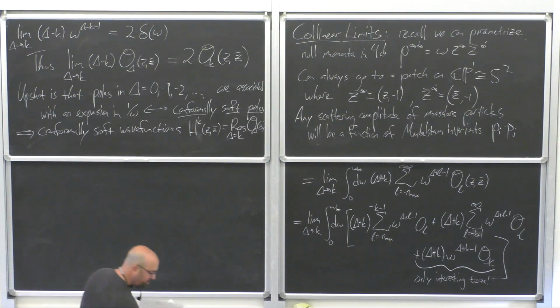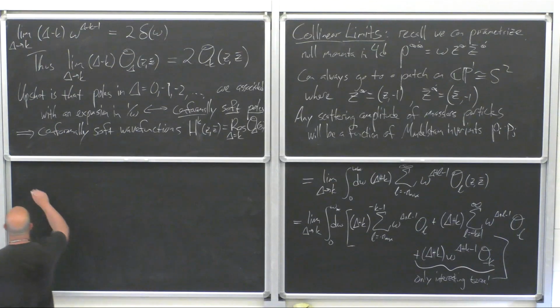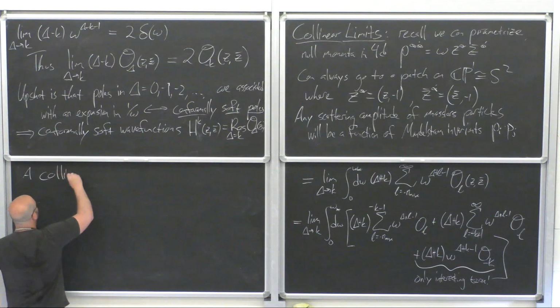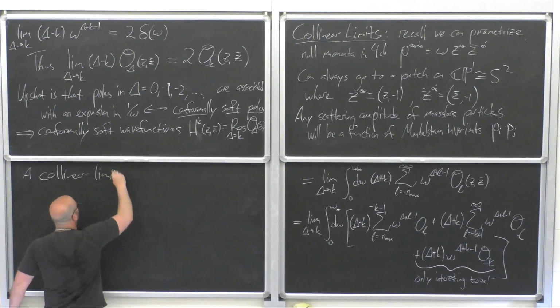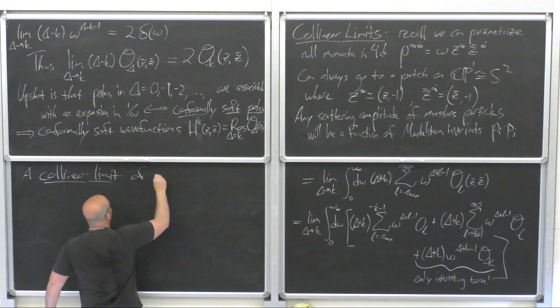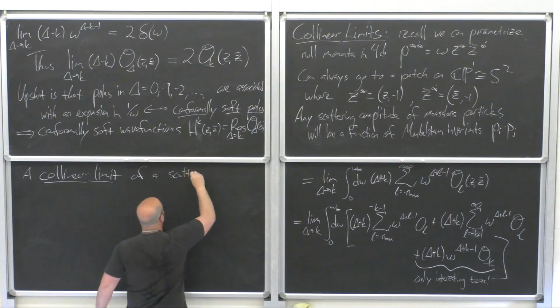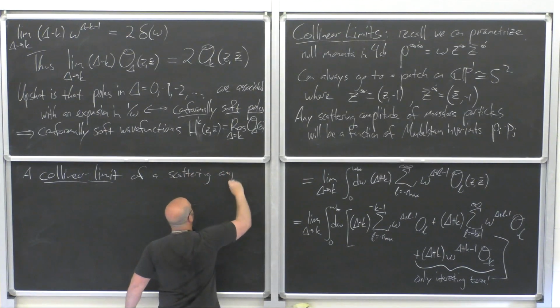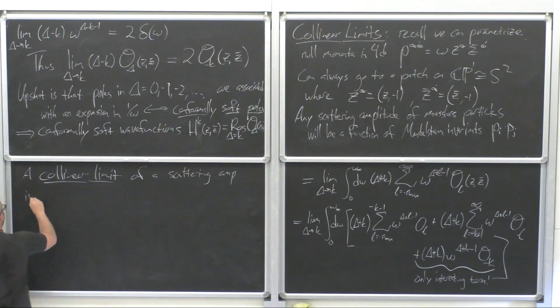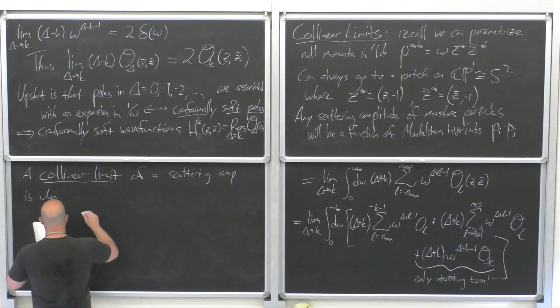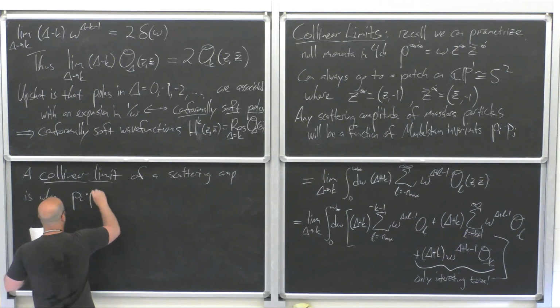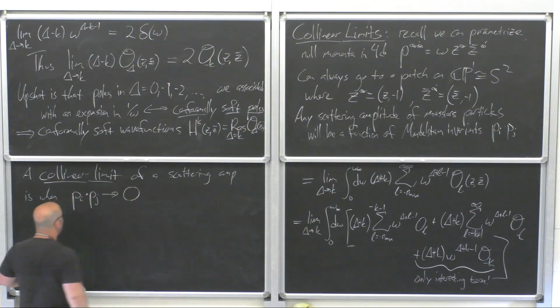Okay, so a collinear limit of a scattering amplitude is exactly what it sounds like. Two of the external momenta become collinear. For massless momenta, that is when one of these Mandelstam invariants goes to 0.